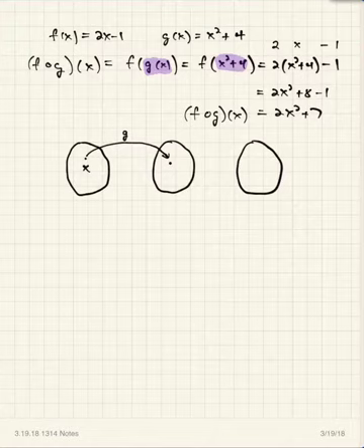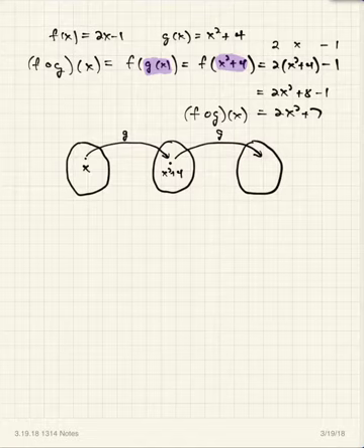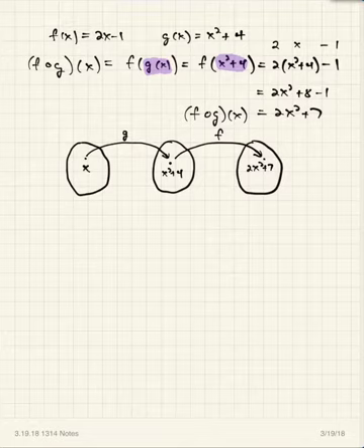So it takes it to x squared plus 4. Right, takes it to g of x. And then what happens? Then f takes over. F takes over and takes x squared plus 4 to 2x squared plus 7. Like that, right? And that is the definition for the composition function.